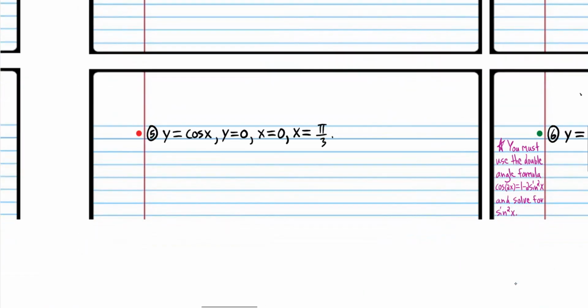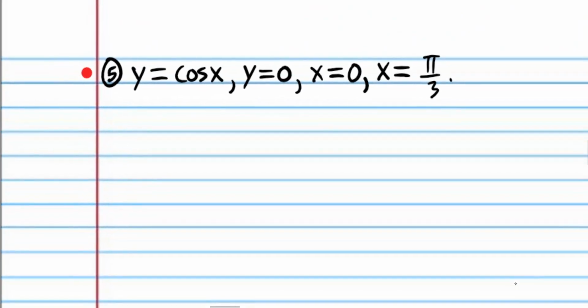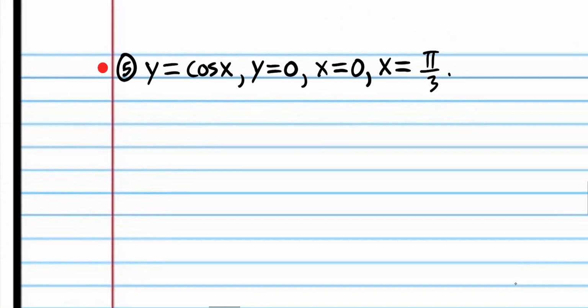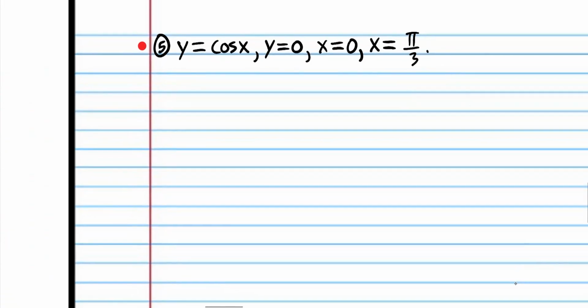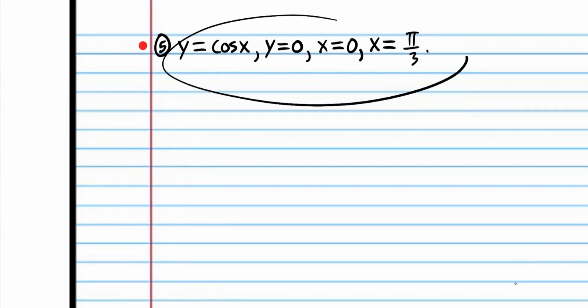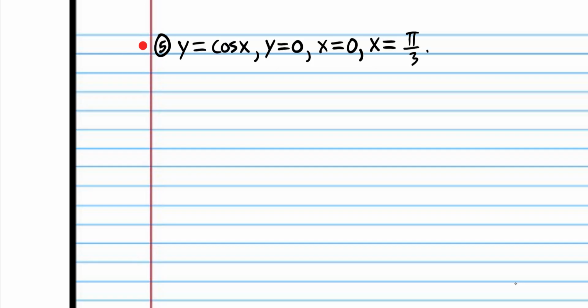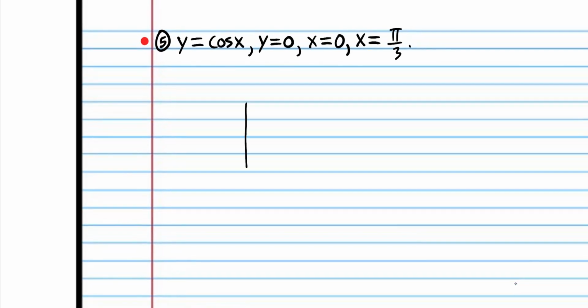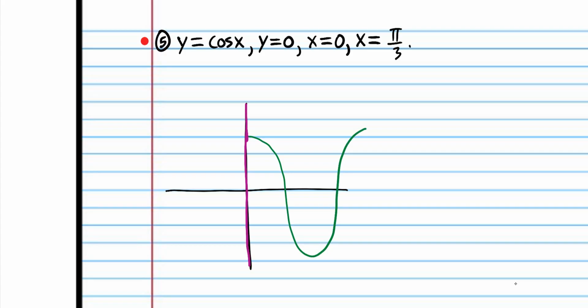Okay, so let's do this next problem together. We're going to find the area enclosed by the graphs of these equations, and we're going to rotate about the x-axis. So let's graph to see what's going on here. I'm going to graph the cosine function, which looks something like that. And x equals 0, that's this line here. By the way, I'm going to make this red.